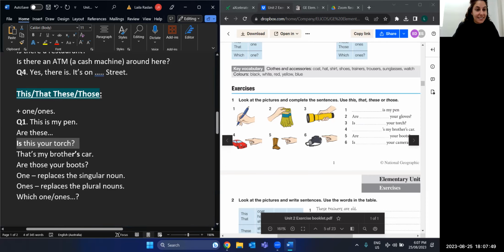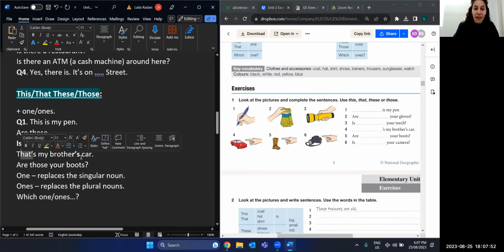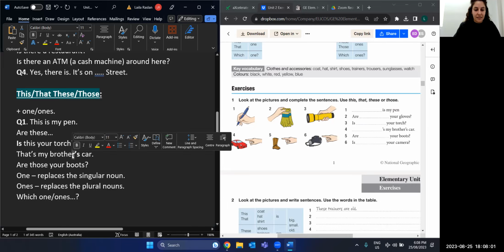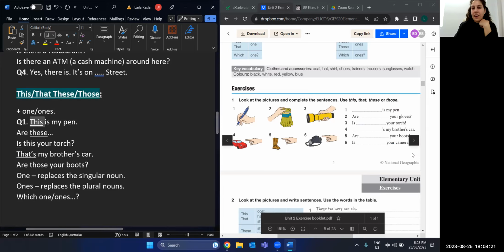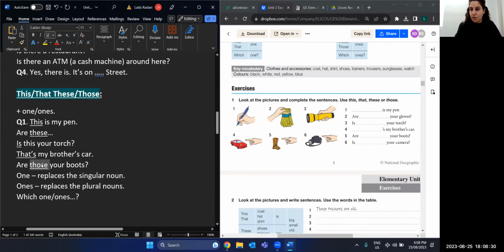So that's my brother's car. So there's a couple of S's where we need to make them sound like strong Z. So that's. Number 5, are those, because they're far away. Are those your boots?